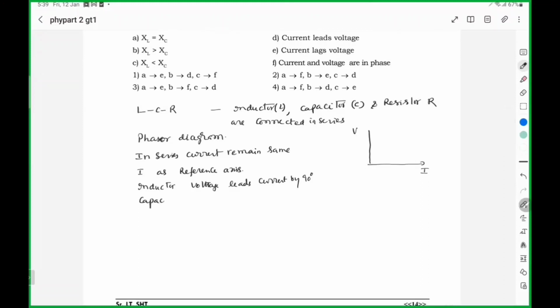In case of capacitor, voltage lags current by 90 degrees. And in resistance, voltage is in phase with the current.